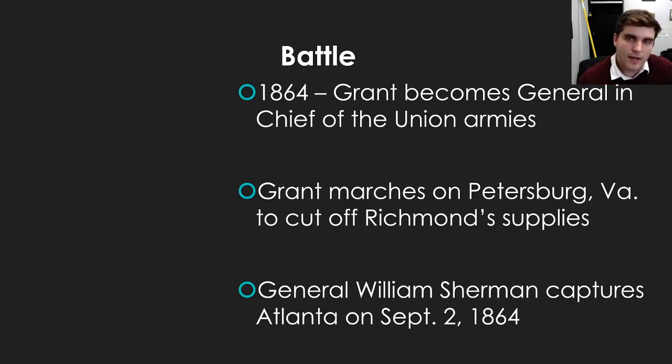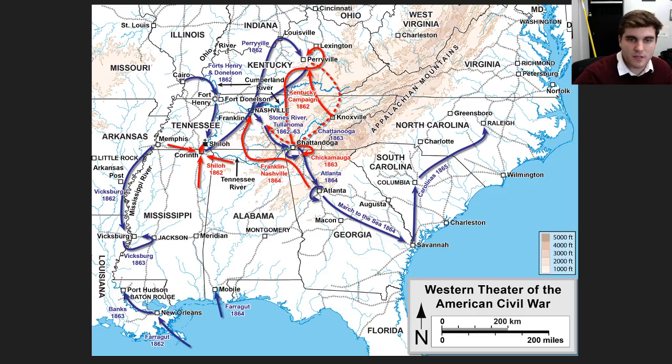Following this initial push, in 1864, Ulysses S. Grant becomes the general-in-chief of the Union armies, and he marches on Petersburg, Virginia, which essentially cuts off Richmond's supplies. So going back to Richmond here, by cutting off the supplies, you've essentially cut off the head of the Confederate States.